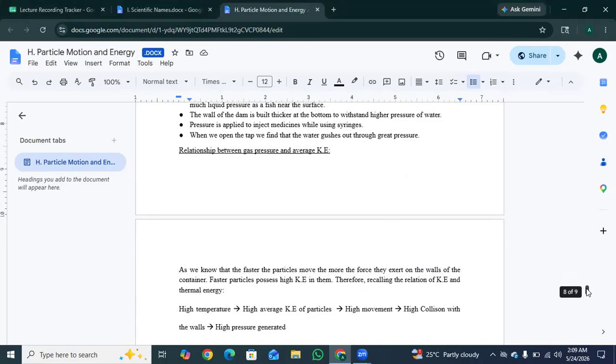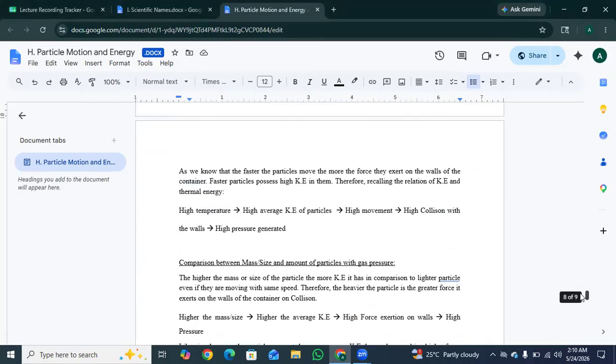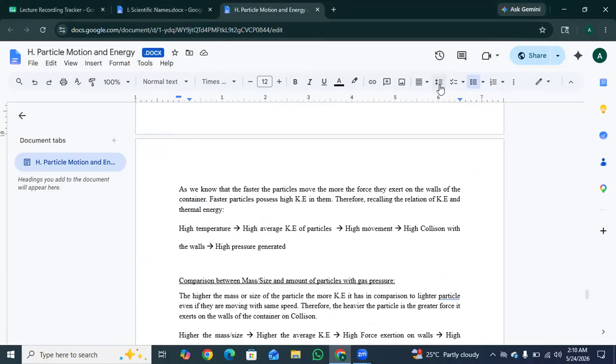So, the relationship between gas pressure and average kinetic energy. As we know, the faster the particles move, the more force they exert on the wall of the container. Faster particles possess high kinetic energy. Therefore, recalling the relation of kinetic energy and thermal energy, we can say that faster particles have higher kinetic energy.